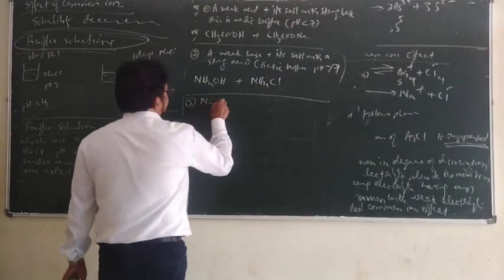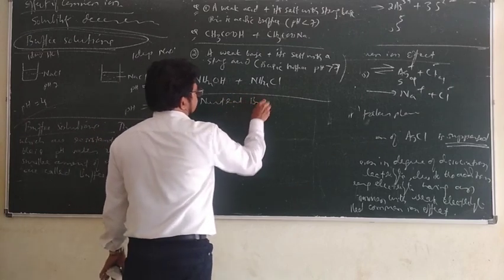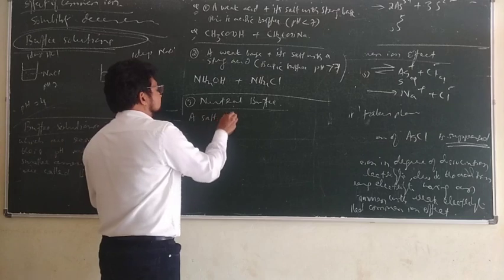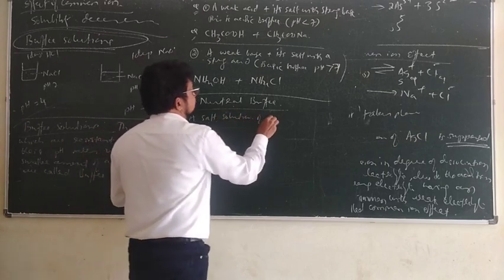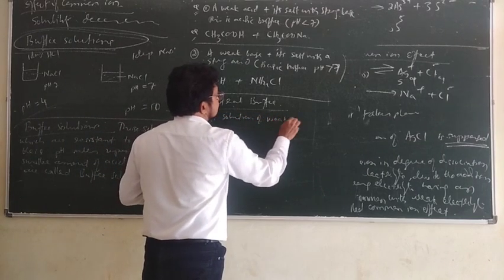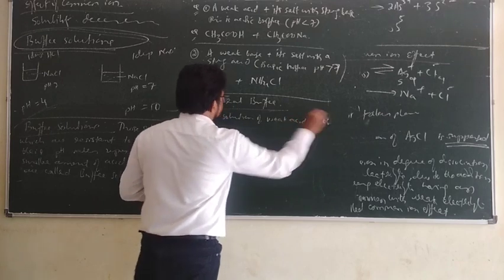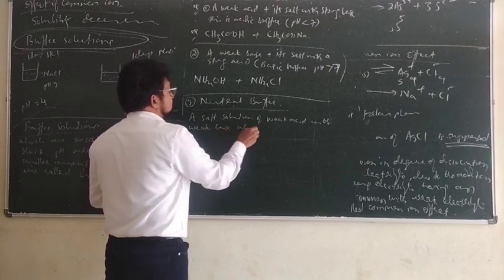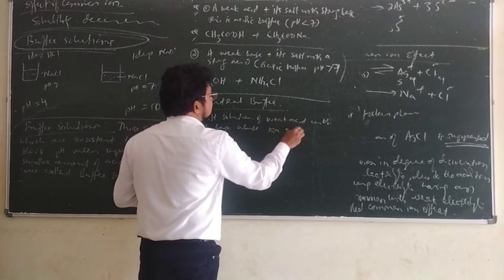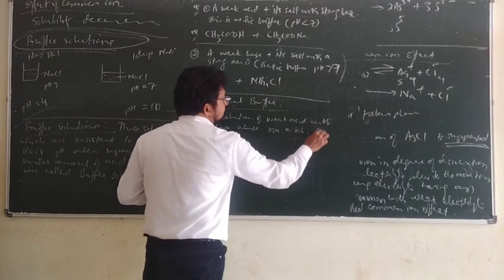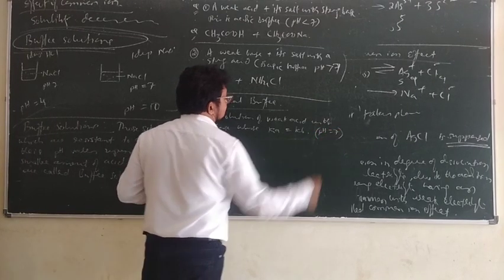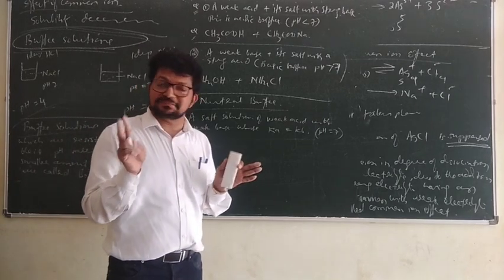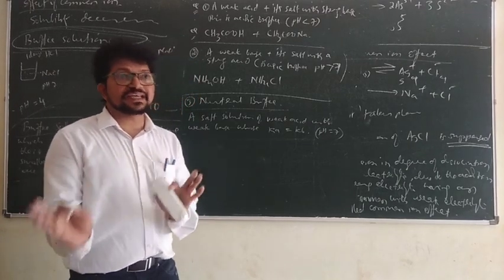Neutral buffer is also possible. Neutral buffer: a salt solution of a weak acid with a weak base whose Ka equals Kb, and the pH is 7. So you take two substances, acid and base, whose Ka and Kb are equal.